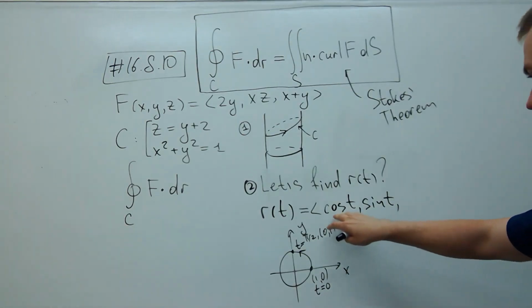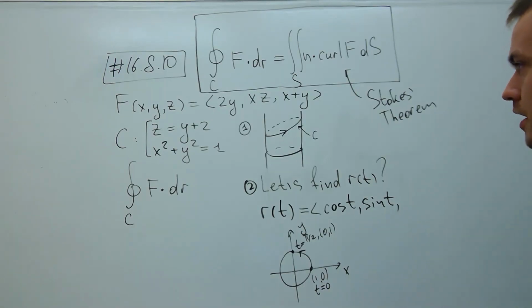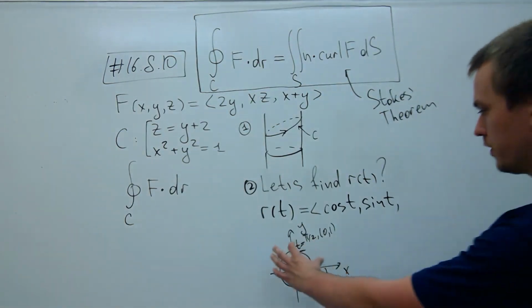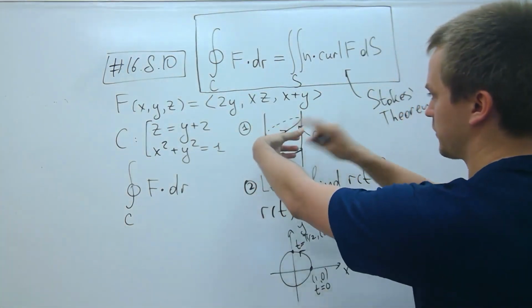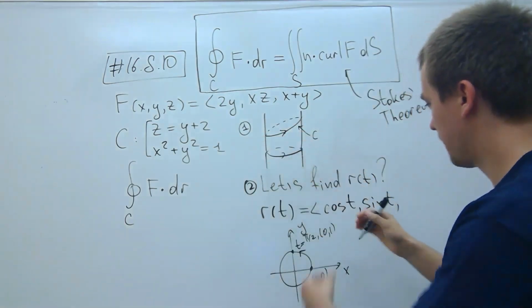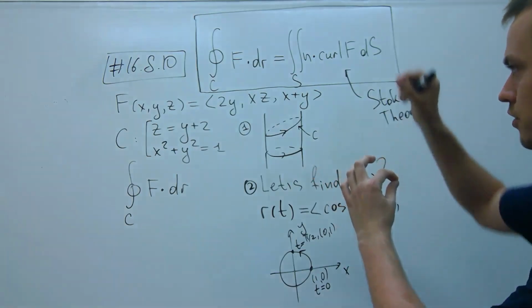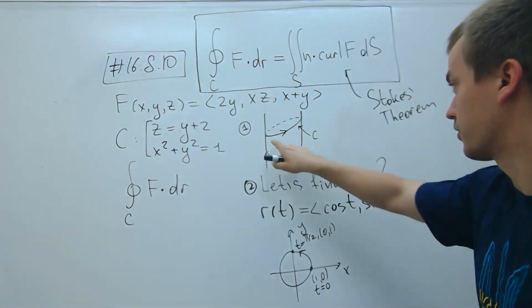Okay, we're almost done. We know x, we know y. What about the z component? The z component is going to be given by this equation, because what I'm doing right now is lifting this curve up into the curve that intersects with the plane. When my t changes, my x and y components change, so my z is going to change.